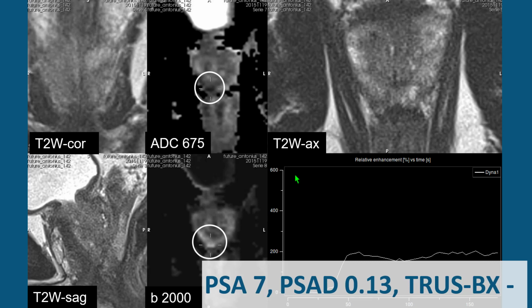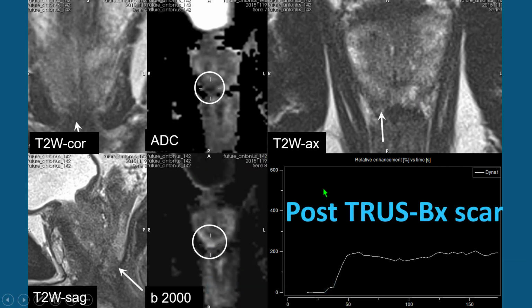On the other hand, if you have a patient who has had a transrectal biopsy, you can see here this patient has a PSA of 7, PSA density 0.13, negative biopsy. You can see a black and a white area here, just at the rim, but it's not really focal. It's over here, and actually, you should call this a PI-RADS 4. So that means high suspicion of cancer.